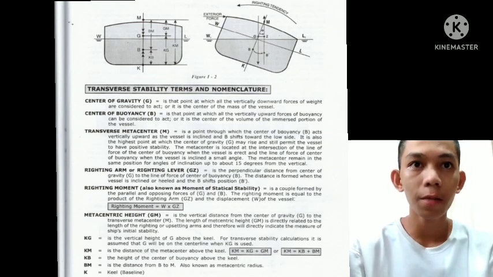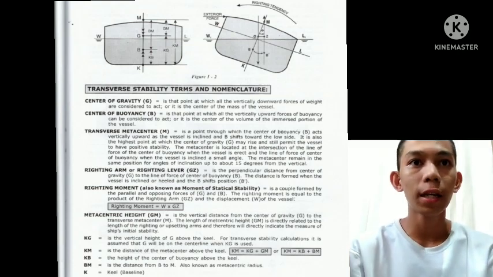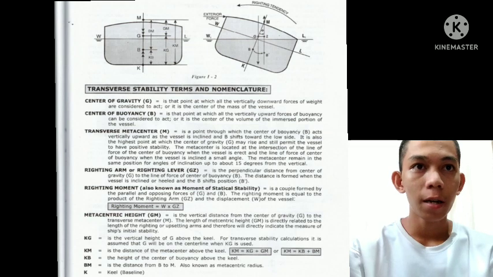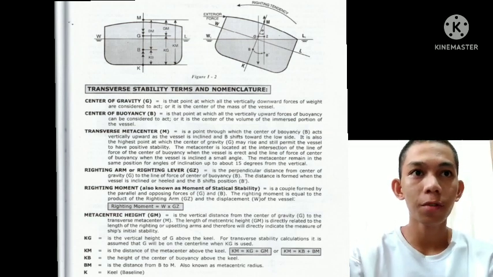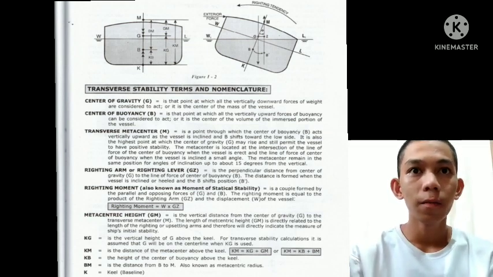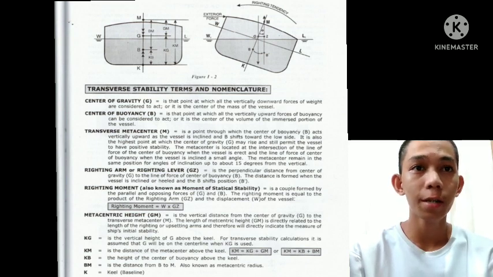For the vessel to have positive stability, the metacenter is located at the intersection of the line of force of the center of buoyancy. The righting arm, or righting lever, is the perpendicular distance from the center of gravity to the line of force of the center of buoyancy B. The distance is formed when the vessel is inclined or heeled and B shifts position.